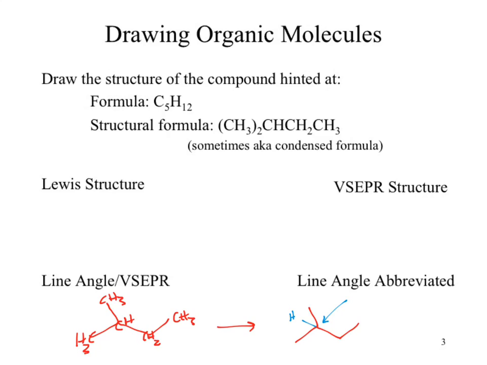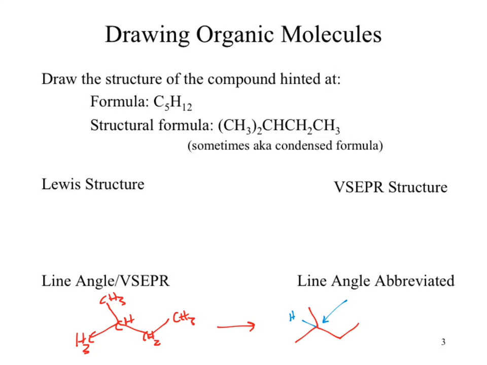So we could see the carbons easier. It's actually based on the shape. The shape that's associated with a carbon with 4 bonds is tetrahedral, with bond angles being 109.5.